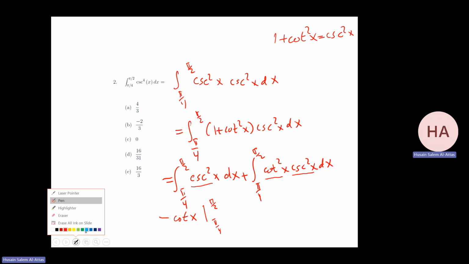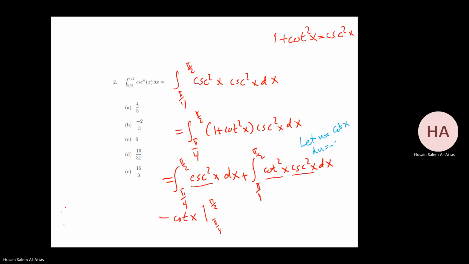Let me do the other one. Here I let u equal cotangent x, du is minus cosecant square dx. So I need the minus sign and the minus sign outside. So that gives me minus integral from where to where.